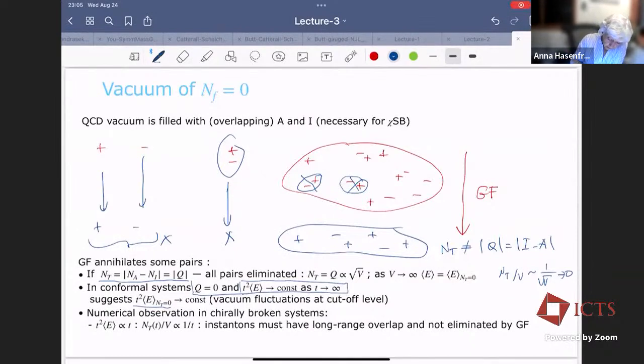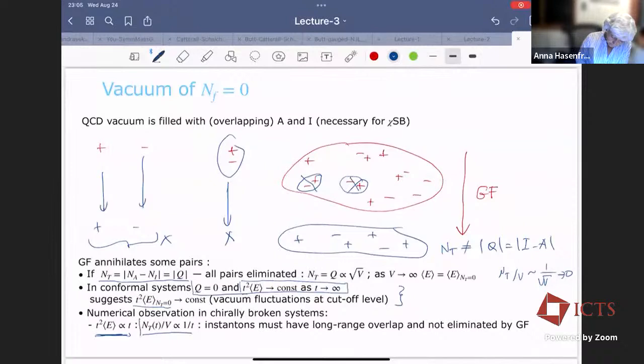If this property survives going into the confining regime, then what we expect is that if t squared E is proportional to t, that's the numerical result, then N_T over V will have to go as 1 over t to satisfy the observed behavior of the energy density.